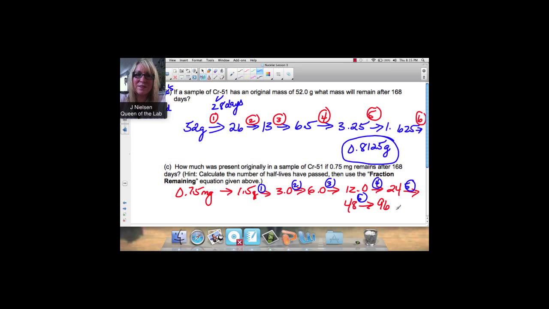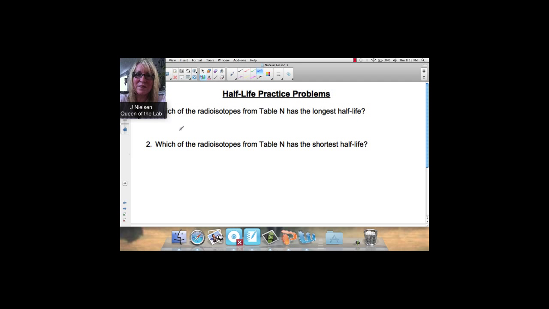So 96 milligrams must be what I started with. It underwent 6 half-lives, which left me with 0.75. Okay, let's do a couple more practice problems.